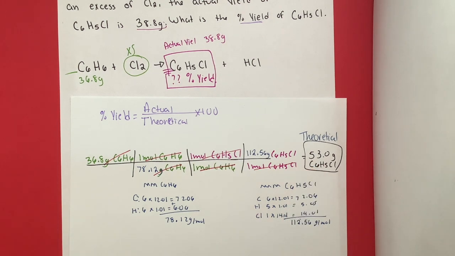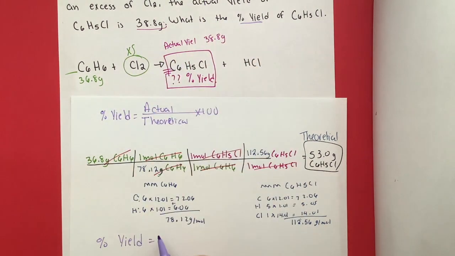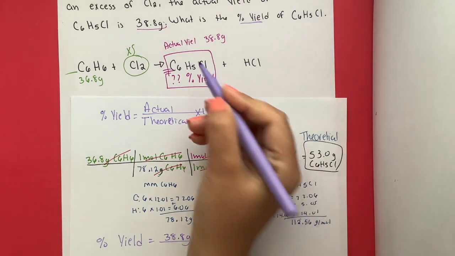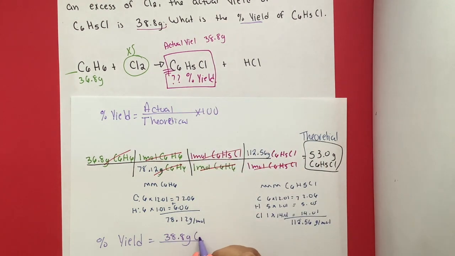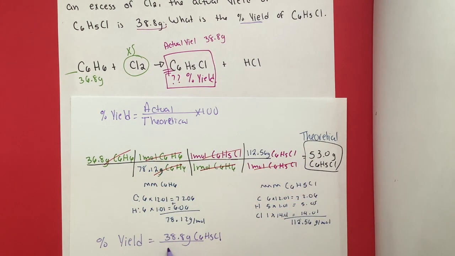So to find percent yield, I'm going to do actual yield, 38.8 grams of C6H5Cl, over theoretical, which we just calculated to be 53.0 grams of C6H5Cl, times 100.